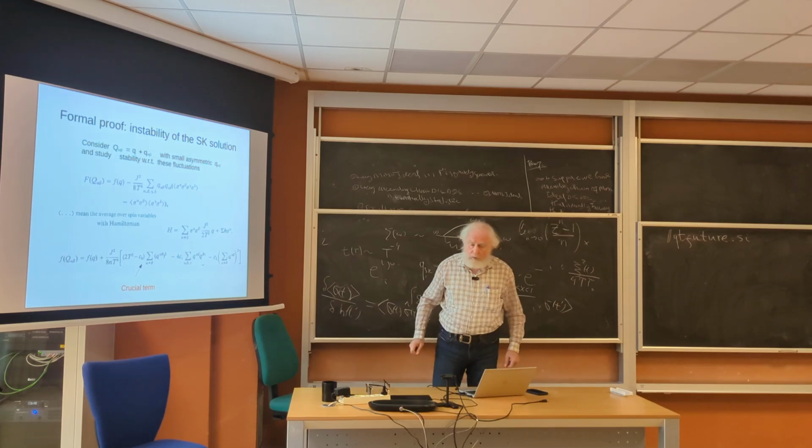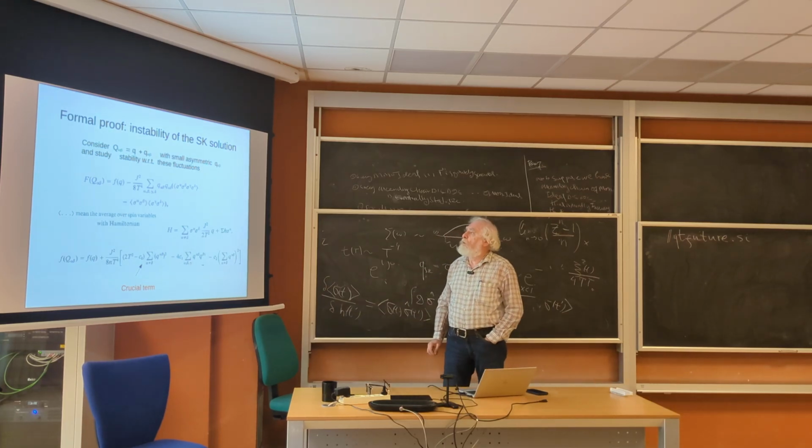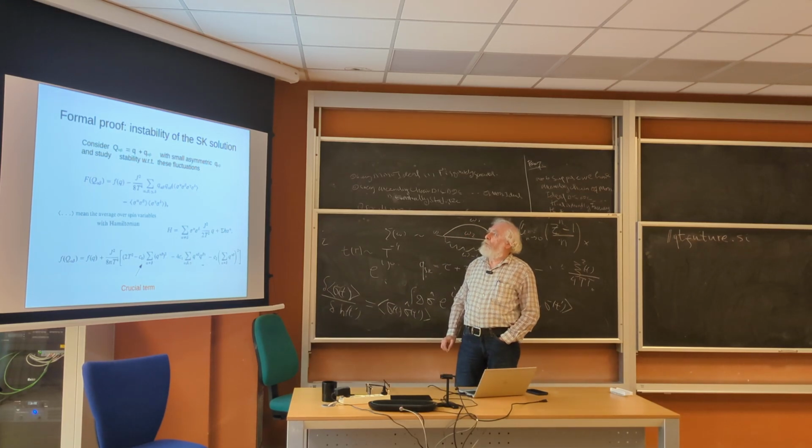Now, a formal proof. This Sherrington-Kirkpatrick solution is unstable with respect to some fluctuations. So we assume that there is a solution Q alpha beta equal to Q small. Now let us add some Q alpha beta small as fluctuations near this solution, and look for the eigenvalues of a quadratic form associated with this Q alpha beta.